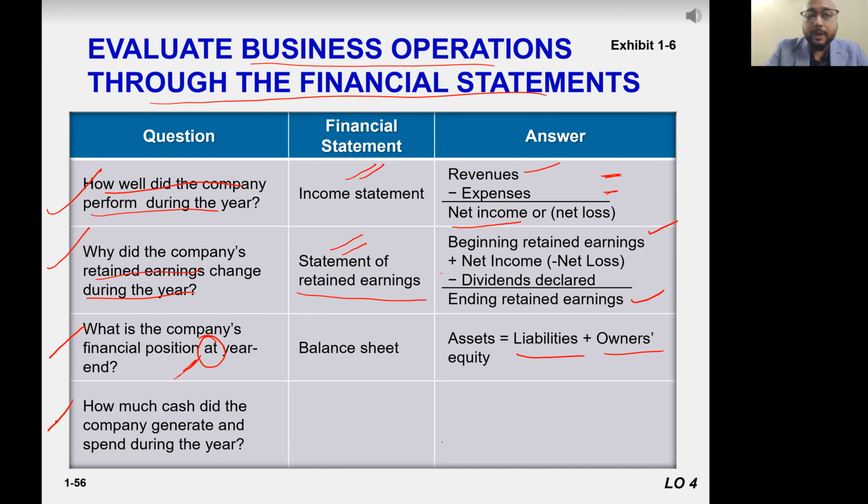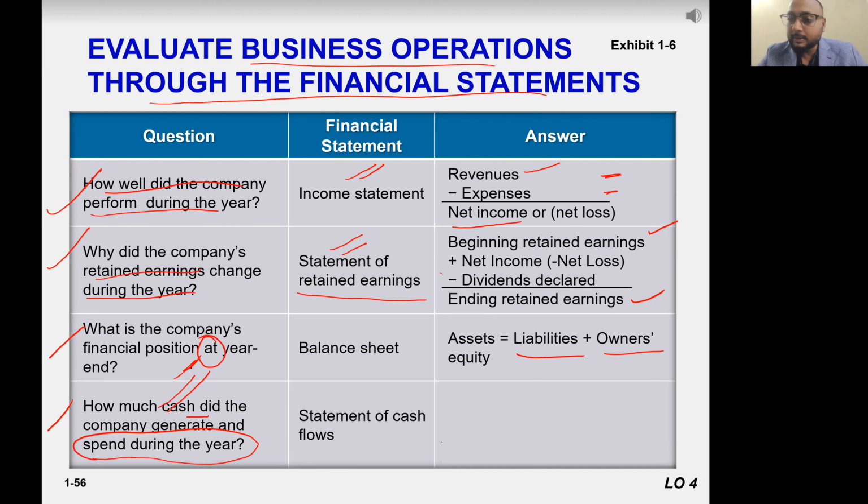So we want to know how much cash the company generated and spent during the year. This is only cash. All non-cash transactions, barter transactions where you are exchanging things with things, no cash involved, are not written here. We call this the statement of cash flows.